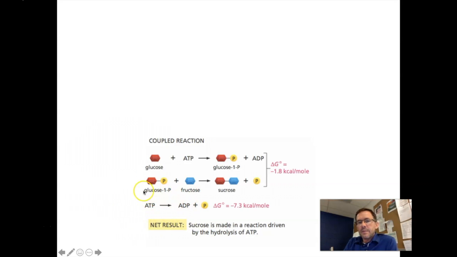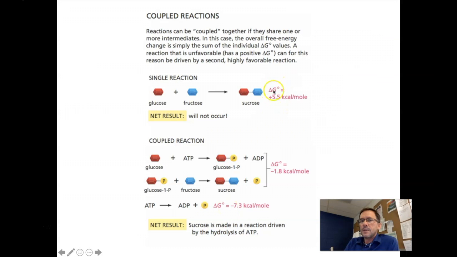So a great example of a favorable reaction is the hydrolysis of adenosine triphosphate, right, to adenosine diphosphate, where that third phosphate is removed. It's favorable, right? So here the standard free energy is a negative value. And not only is it negative, but it's greater than the positive value here.